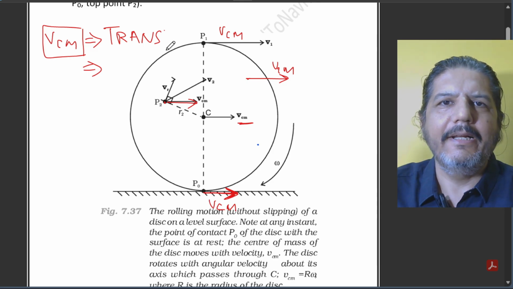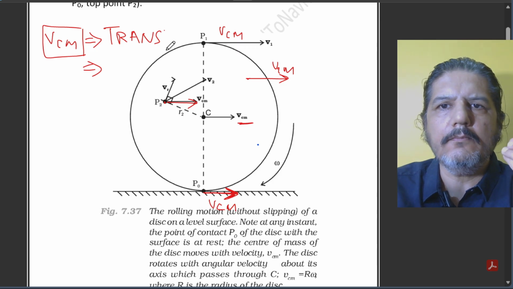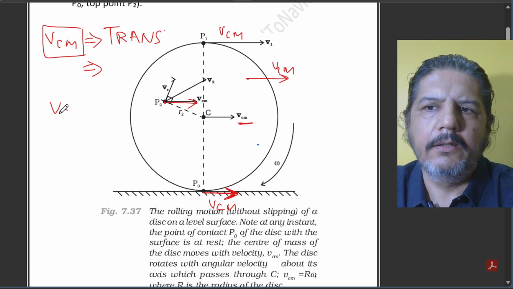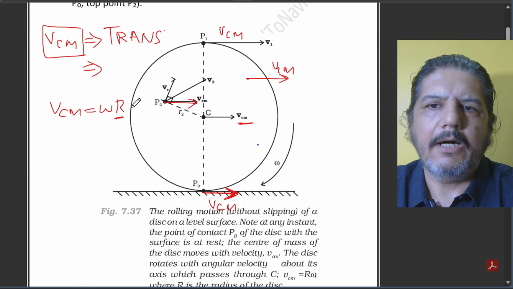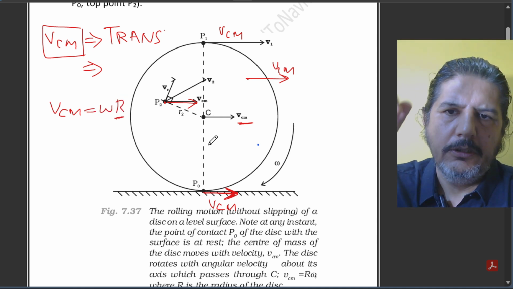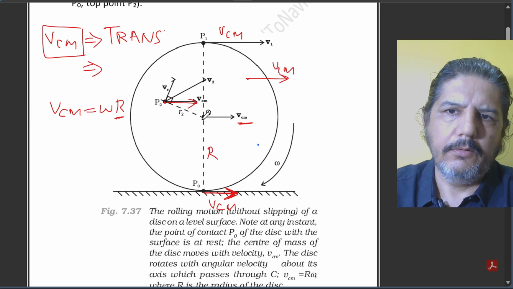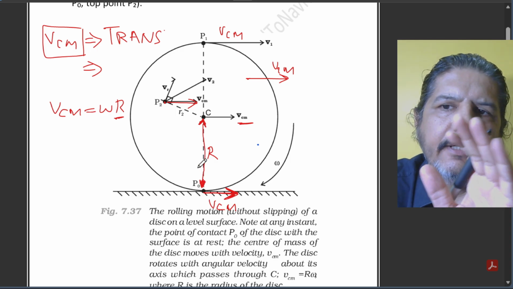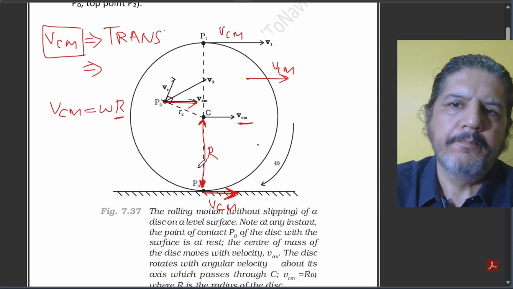Be very clear about that. And what is the magnitude of this VCM? The magnitude is given by omega r, where r is the radius of the wheel. You need to be very clear about it. Never get confused about it.